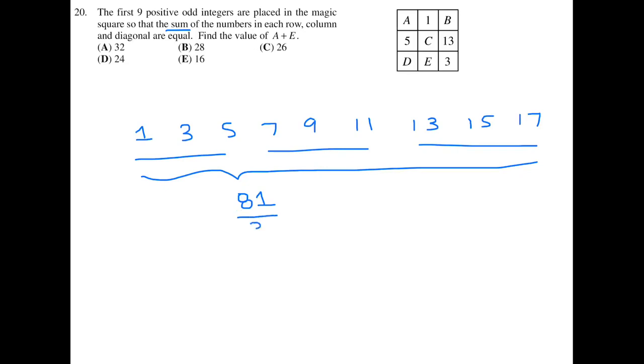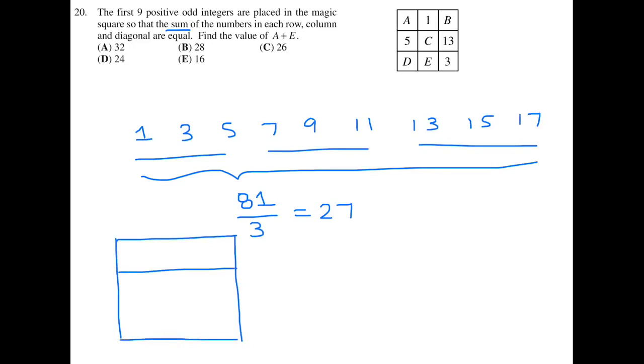So 81 divided by 3, which is 27, is most likely going to be the sum of a row or a column or a diagonal. All right? So I'm going to draw out this square, and let's see what we get.